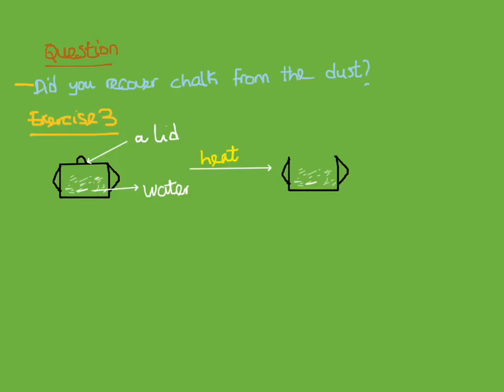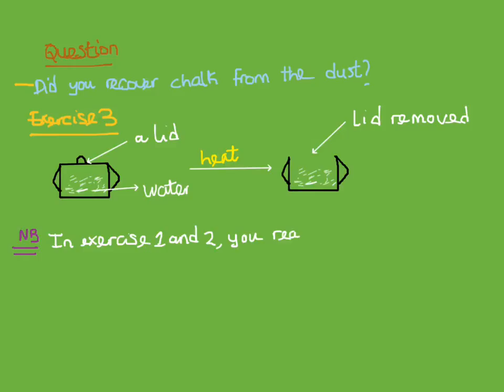Remove the lid. You will realize that as the water boils, vapor comes out of the water and settles on the lid. So, looking at the lid inwardly, you observe water droplets, don't you?